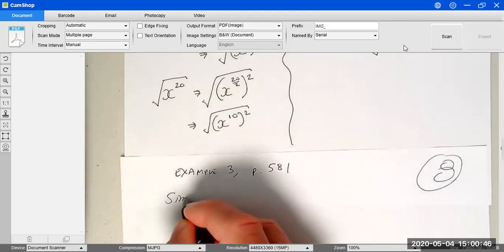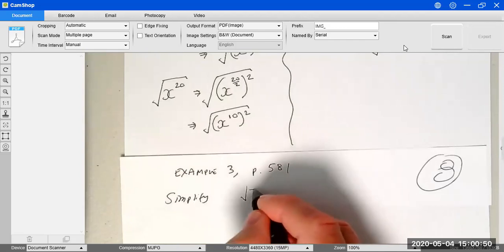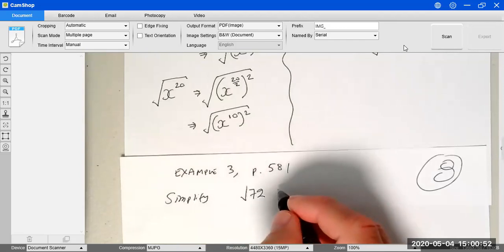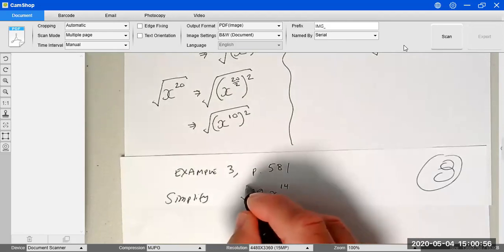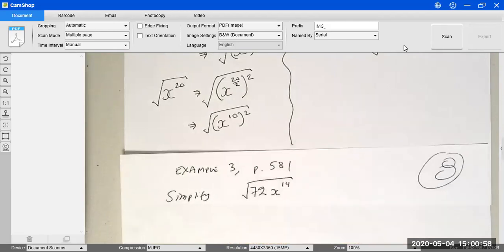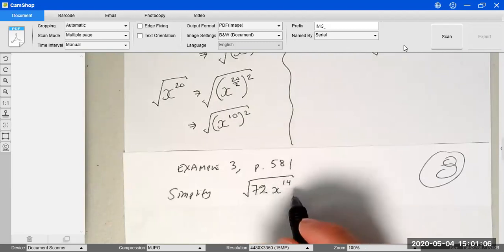So we're going to simplify the square root of 72 times x to the 14. So you're going to work coefficients and you're going to work variables in different paths.